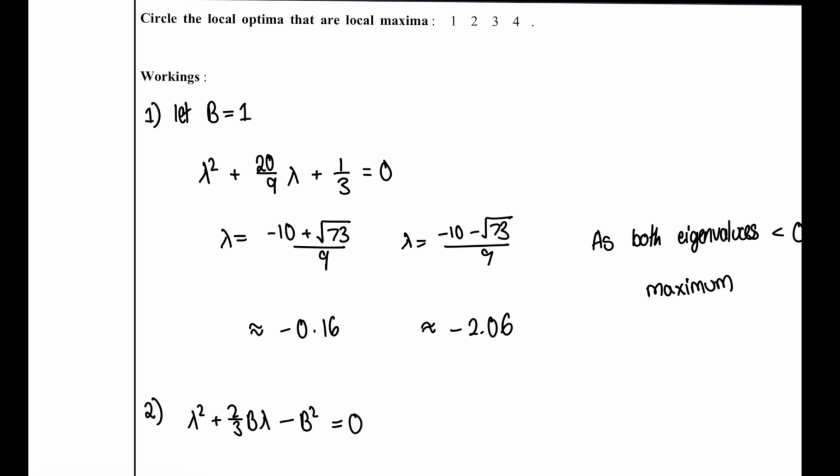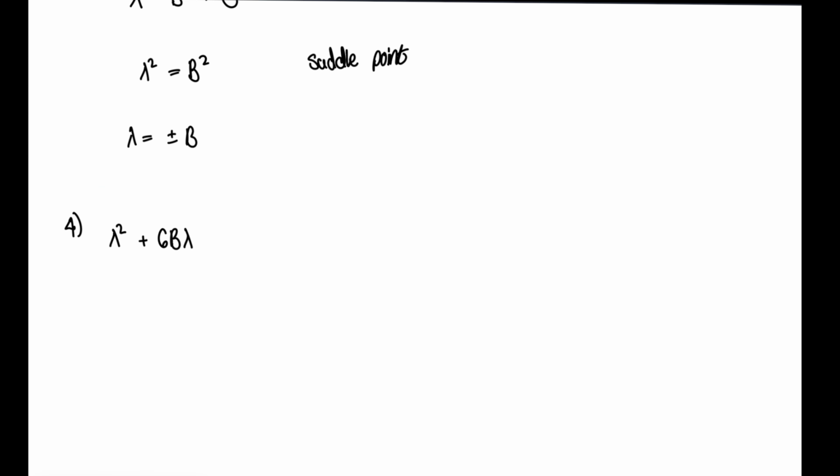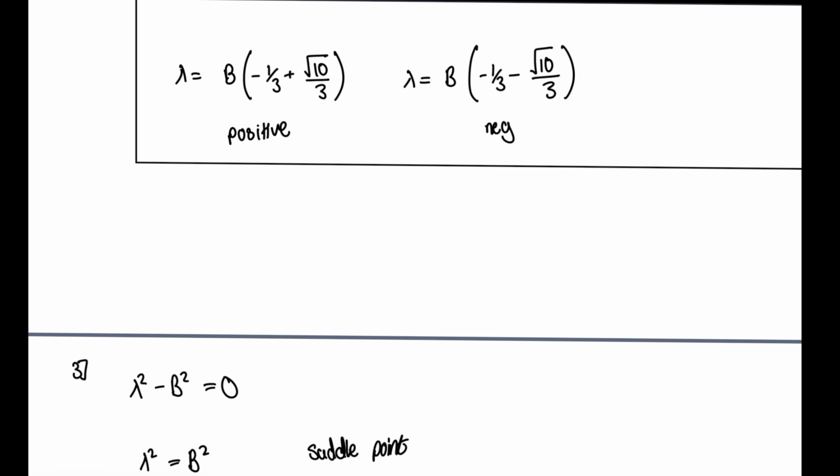And number 4, we had lambda squared plus 6b lambda minus b squared. If we solve this using the quadratic formula, we have minus 6b plus or minus the square root of 36b squared minus 4ac, all over 2.